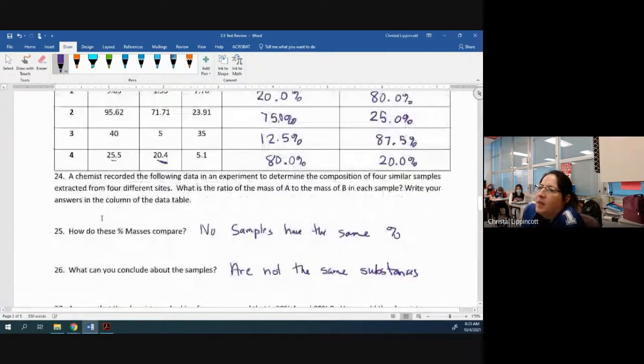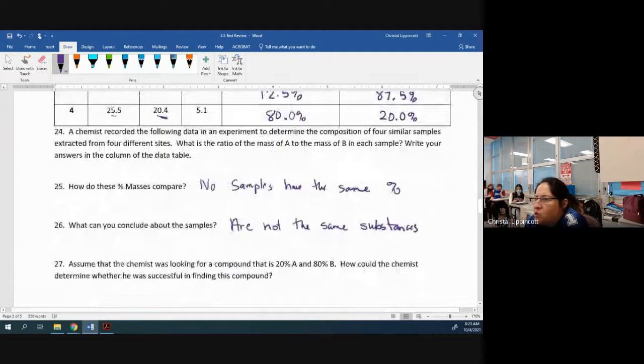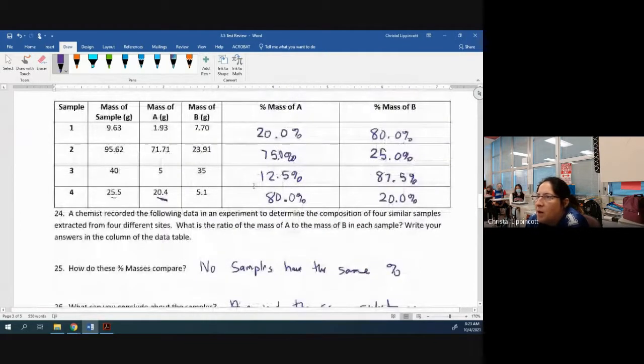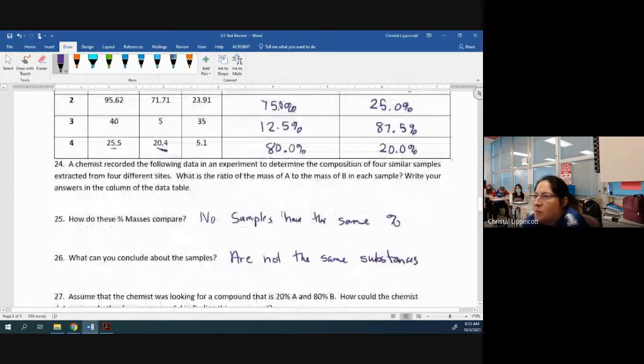Assuming that the chemist was looking for a compound that was 20% A and 80% B, how would they determine if they had found that compound? They would compare the percent masses, and they would be able to see that sample 1 was the one that he was able to find.